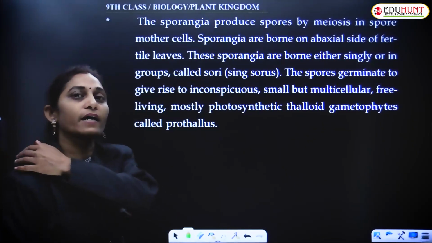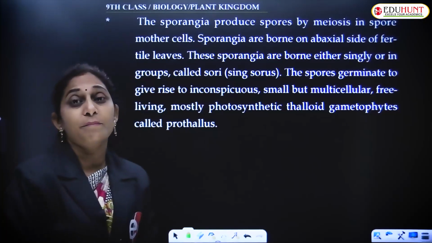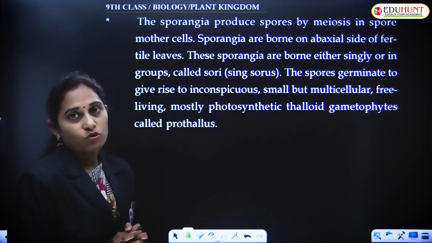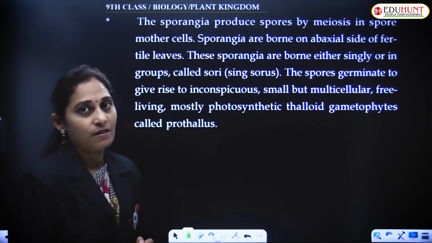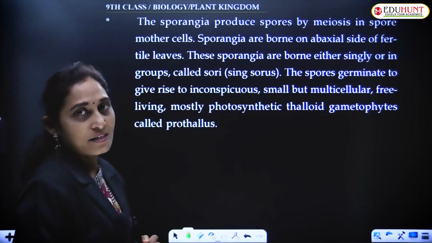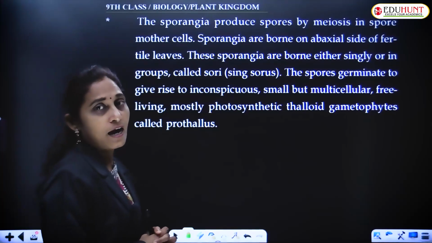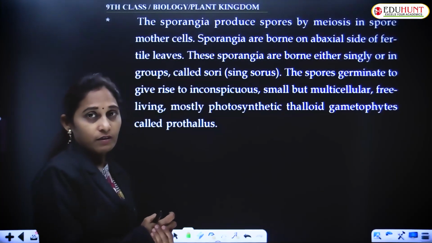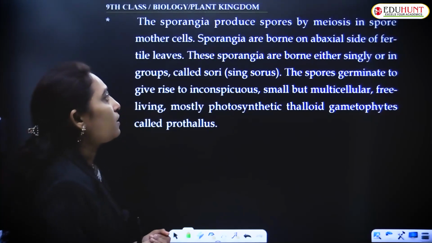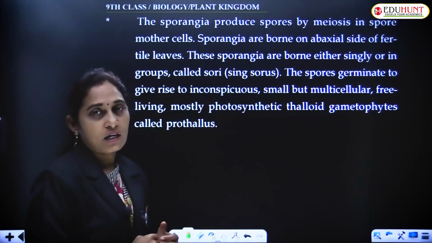The sporangia produce spores by meiosis. The spores are the meiotic products of the spore mother cells. The sporangia have spore mother cells which are diploid in nature. They undergo meiotic division, which is a reduction division. That is why they produce spores with the number of chromosomes halved.